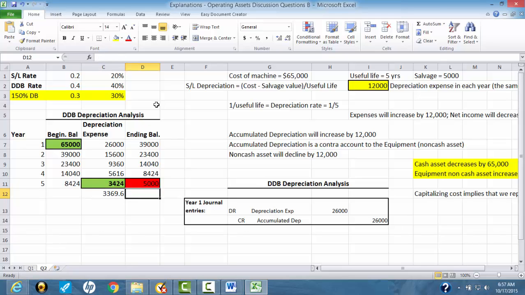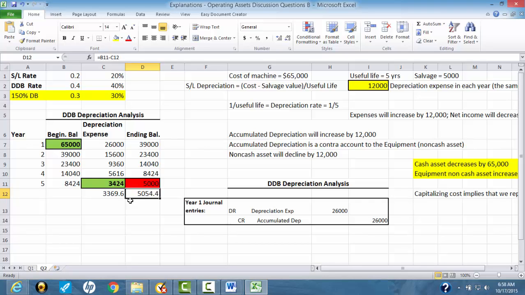And the ending balance at the end of the fifth year will be 8,424 minus the depreciation expense, and what we would have is 5,054.4. Now, this is unacceptable because our salvage value at the end of the fifth year should be 5,000.